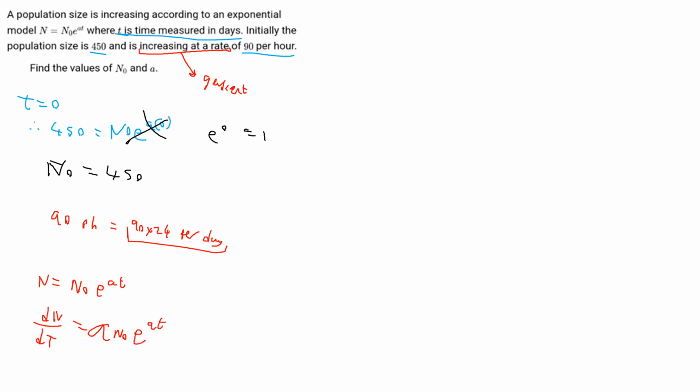Now, we are told that the rate of change is 90 per hour. So 90 times 24 is equal to 450 times a times e to the a times 0. Why? Because t is equal to 0.